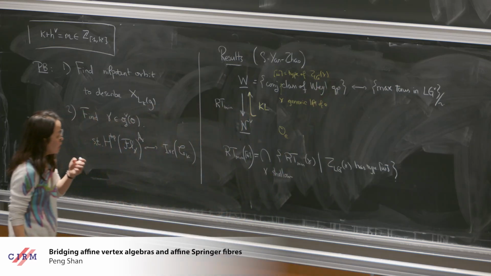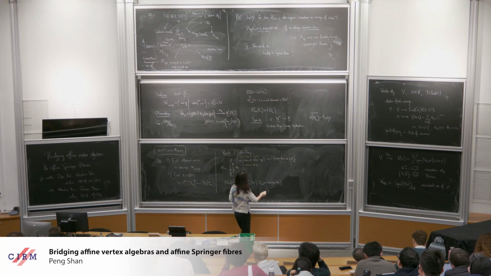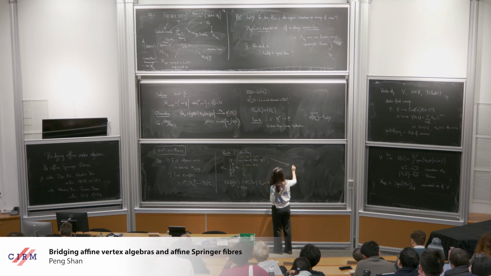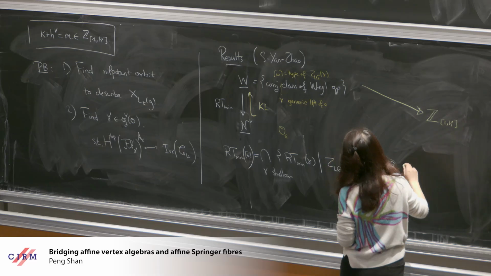Okay, and for our purpose, we want to attach some integer to nilpotent orbits. So we first consider a map from the conjugacy classes of the Weyl group to integers, turn 1 and H check. It's very simple.